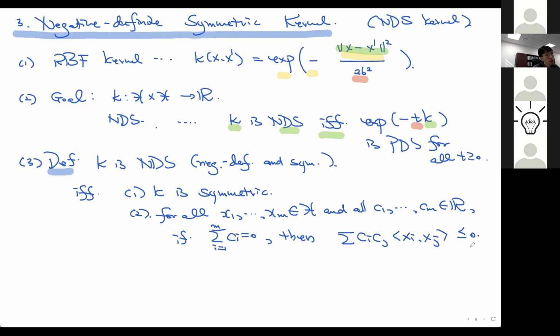This is the key difference. It is negative, but we are only requiring it when the summation of ci is equal to 0. So that's the definition of negative definite symmetry.